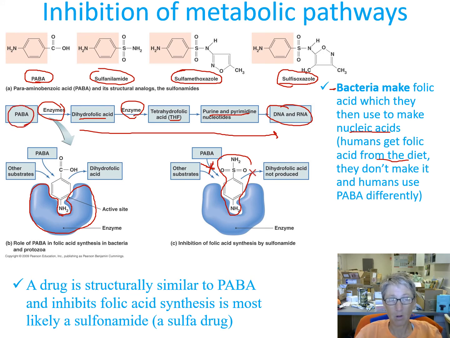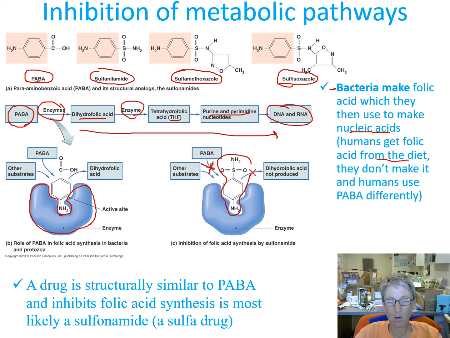So if we give a sulfonamide drug, if that's in our body, it won't inhibit this process we just talked about, because we don't do this process. We don't use PABA to make folic acids, then to make DNA and RNA.